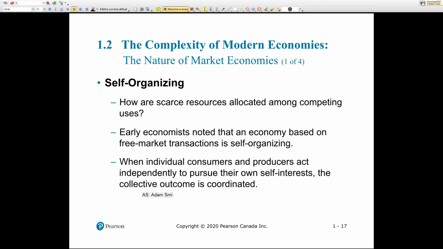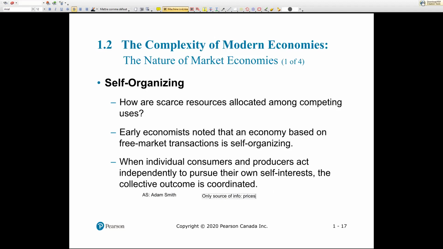Yeah, good. Adam Smith realized this, that with market economies, the only source of information that matters for most people is prices. If I, as an individual, observe all the prices, then I can make the best decision. I don't have to know anything about anybody else.